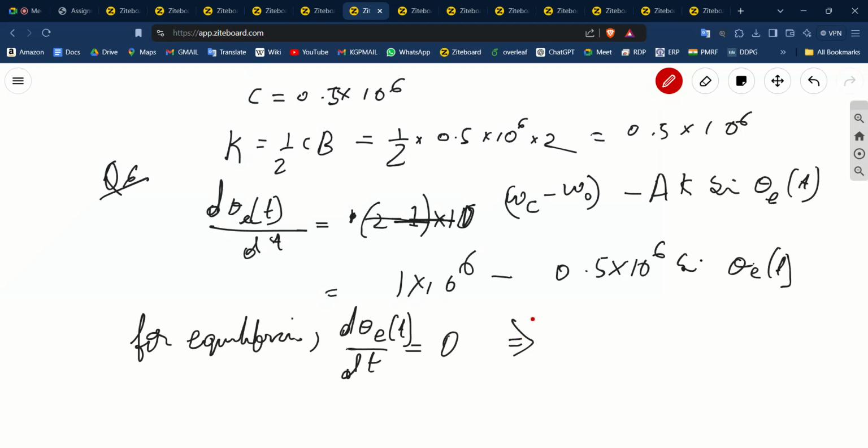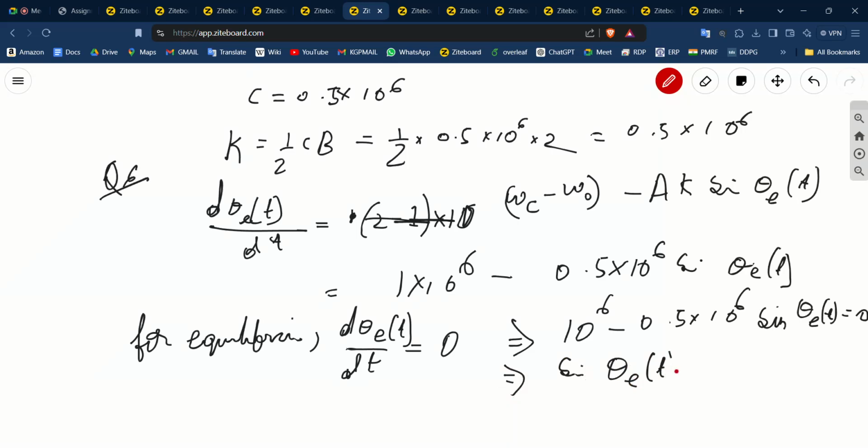So 10 to the power 6 minus 0.5 into 10 to the power 6 sine. So this is the final equation that is coming for equilibrium.